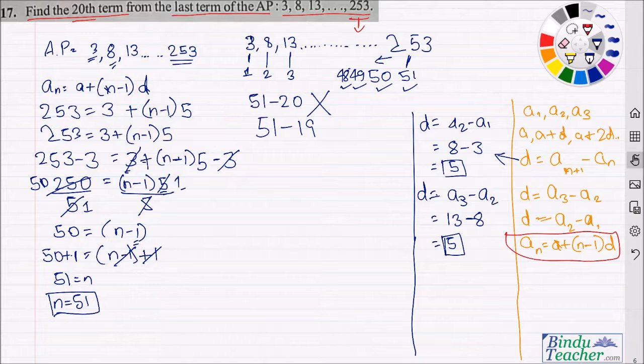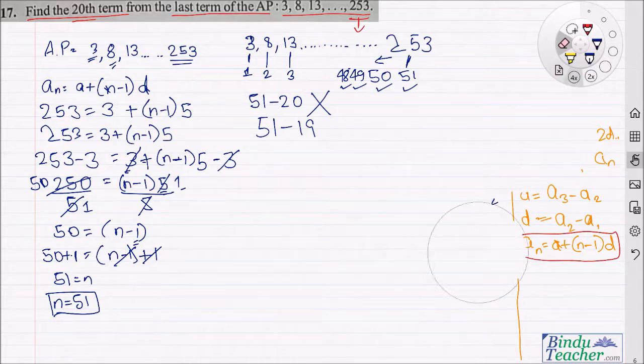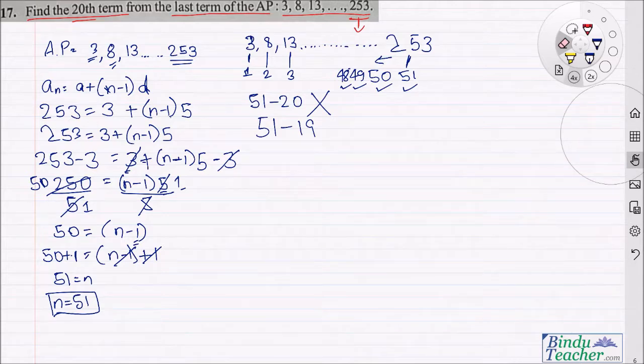Okay, and why do we do this? Let me write with an example. I want to show you why 51 minus 20 is incorrect. So let me make some place here. I'll erase this. So now I'll write the numbers. Let me start in the reverse direction.